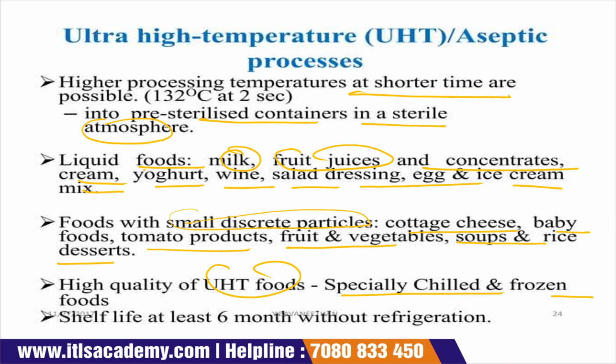The shelf life of products sterilized by the UHT method is around 6 months. For storage we do not require refrigeration; we can store it even at normal room temperature, and the shelf life is at least 6 months.